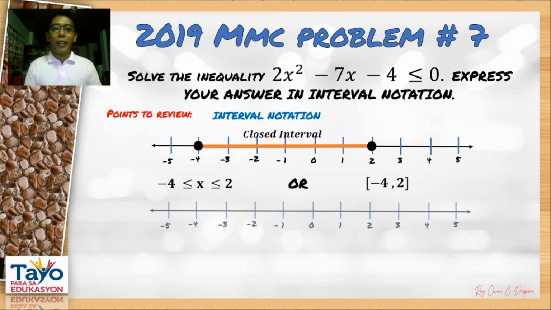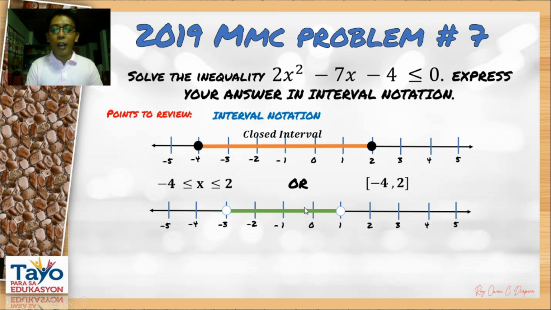Now halimbawa, another number line. So I'll be talking about negative 3 and all the points between negative 3 and 1. Now, this time, I decided not to include negative 3 and positive 1. So, I'll make use of not shaded point because this means negative 3 and positive 1 is not included.